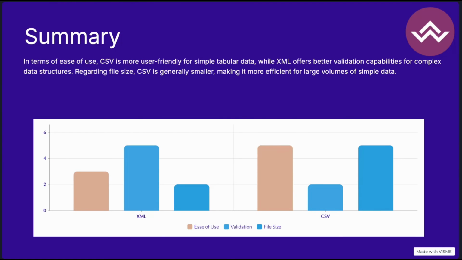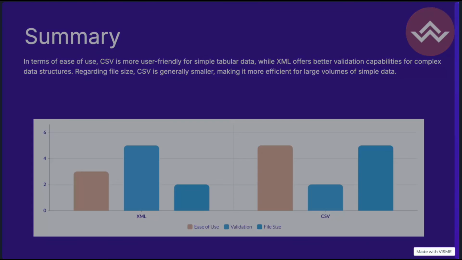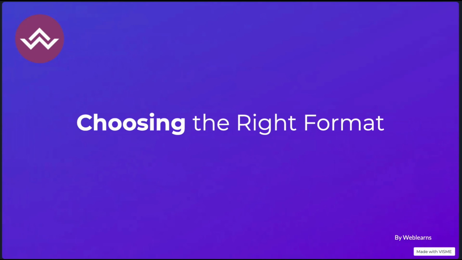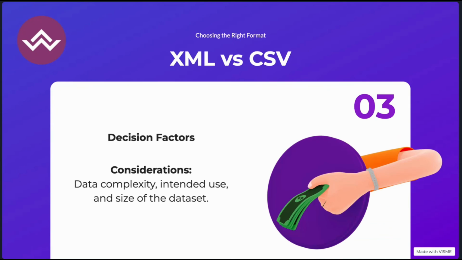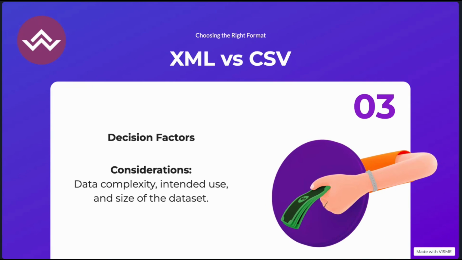By the way, you can see here a simple diagram for the XML and the CSV file. It's divided into three categories: easy to use, validation, and file size. As for choosing the right format, it's up to you.